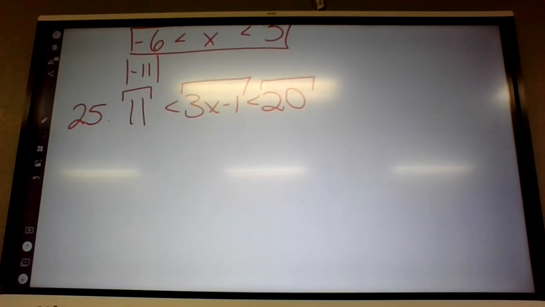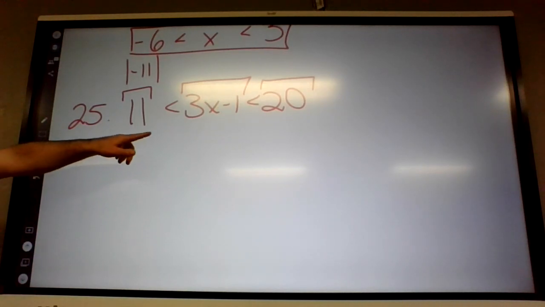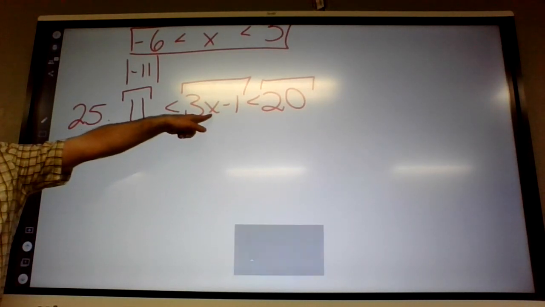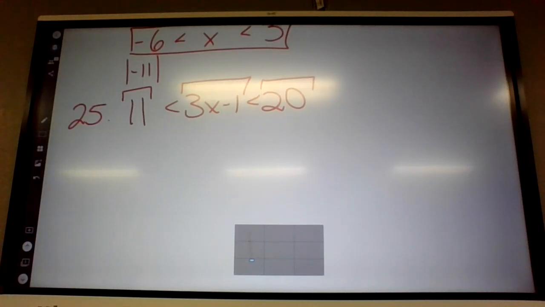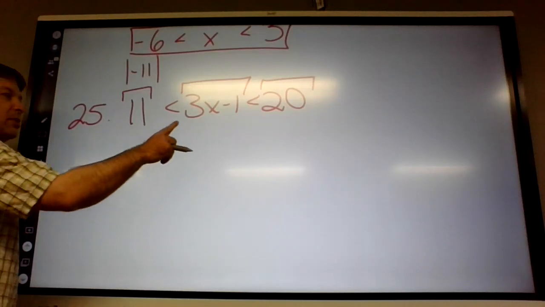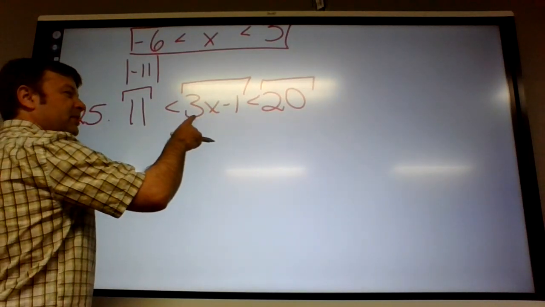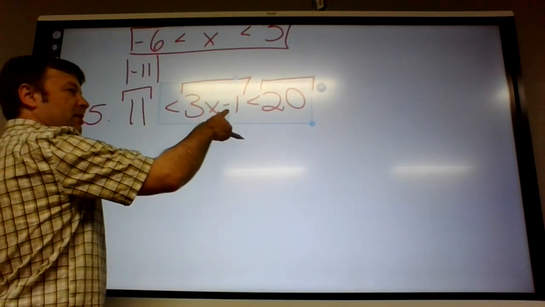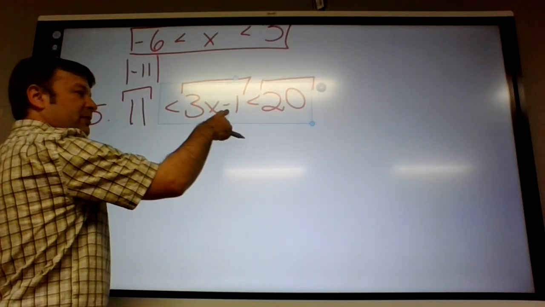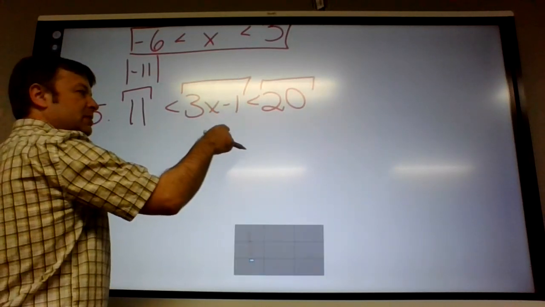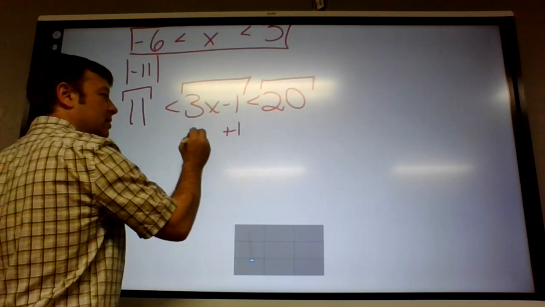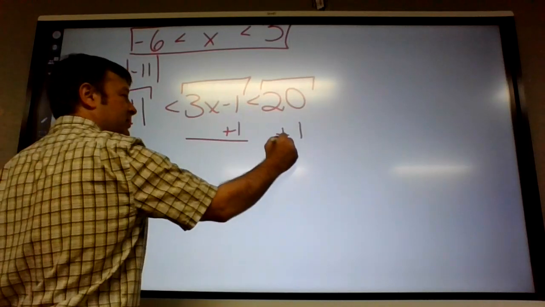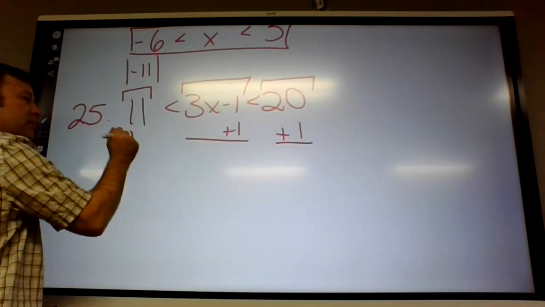Okay, Shelby, how do I get x by itself on this one? You would add. Add what, the x or the 3? Well, 3, when it's right next to x, that means multiply. But how would I get rid of a minus 1? Plus 1. Okay, now here's the weird thing. We have to do a plus 1 there and a plus 1 here.